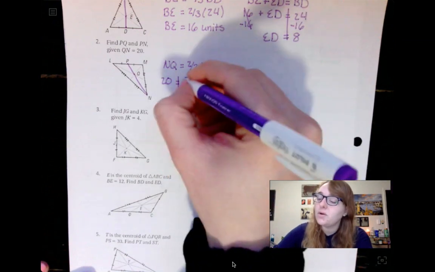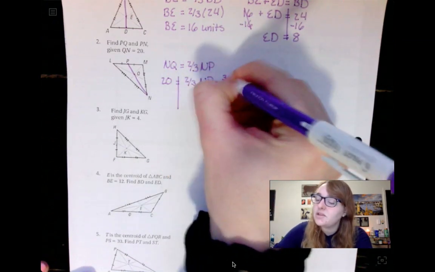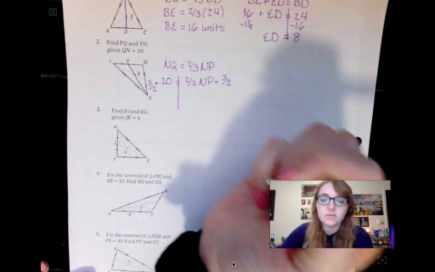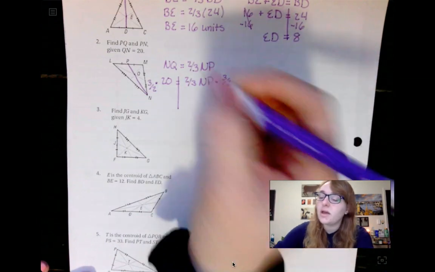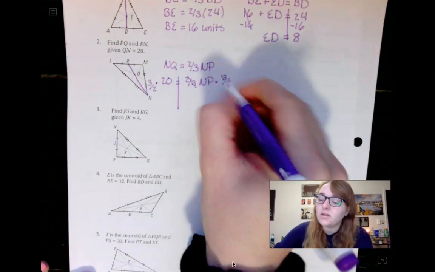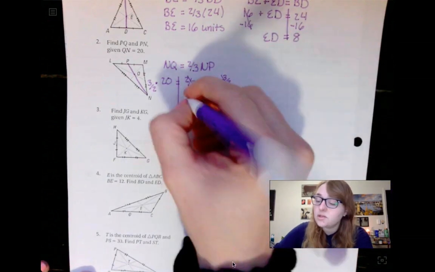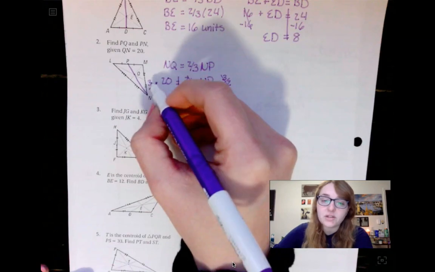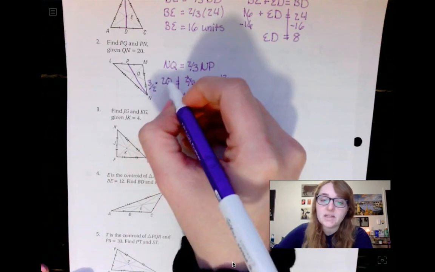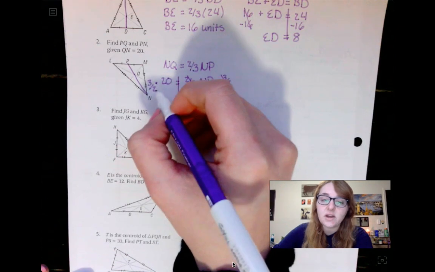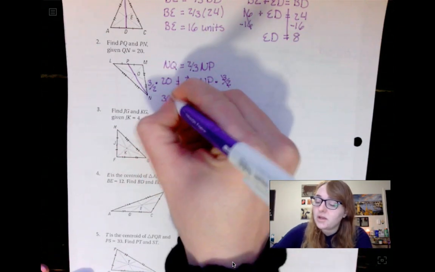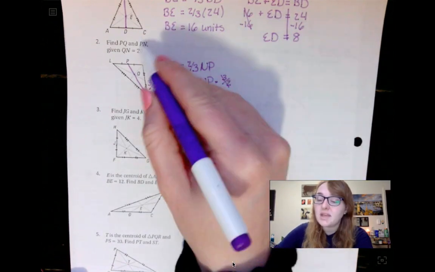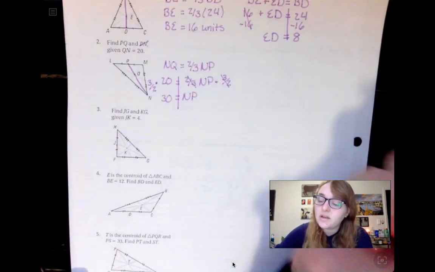So we multiply each side of the equal sign by 3/2. We flip it, that's the reciprocal. Multiplying reciprocals, they cancel and go to 1, so we are just left with NP or PN. Then using our fraction trick, 3 times 20 is 60. 60 divided by 2 is 30. We could also just plug that into the calculator. So we found NP or PN to be 30.